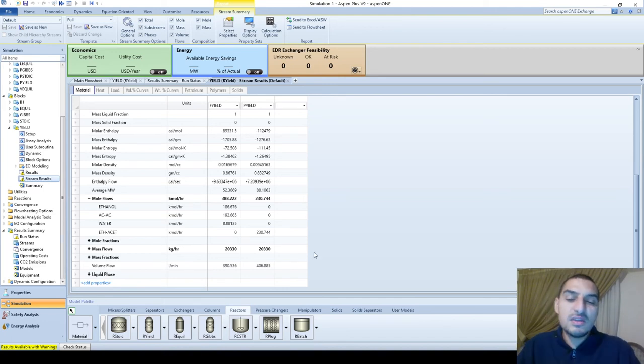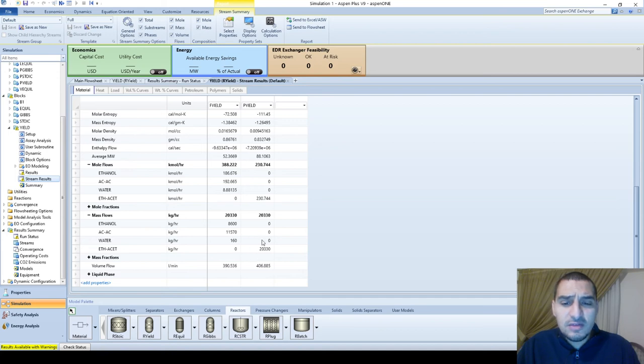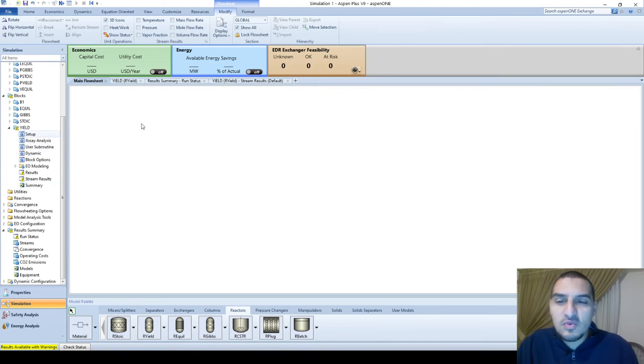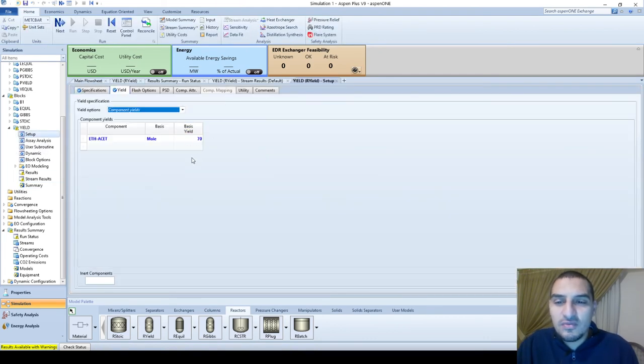And just to understand the way it works, it just tells you, I'm going to make the mass consistent. It just makes sure that the mass is conserved. So the mass in equals the mass out, and that's it. So you told it to give you the output as ethyl acetate, then it gives you the output as ethyl acetate. And you might ask a question, why did I put the yield of 70? It gives me a different number.